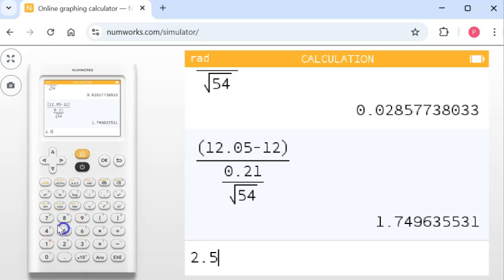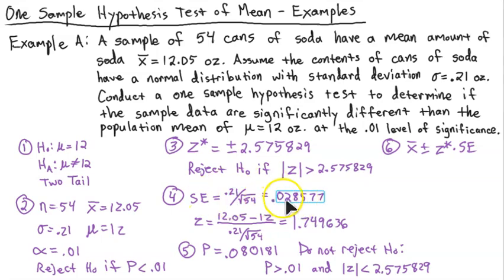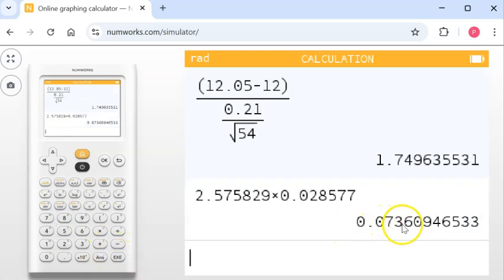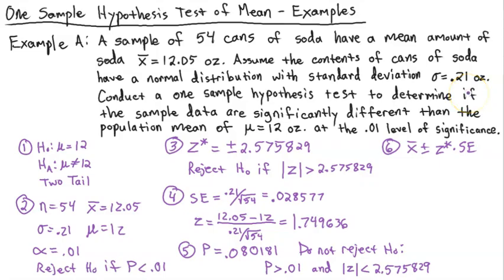2.575829 times the standard error, which is 0.028577. Execute, and we get 0.073609. So our x bar here is 12.05.